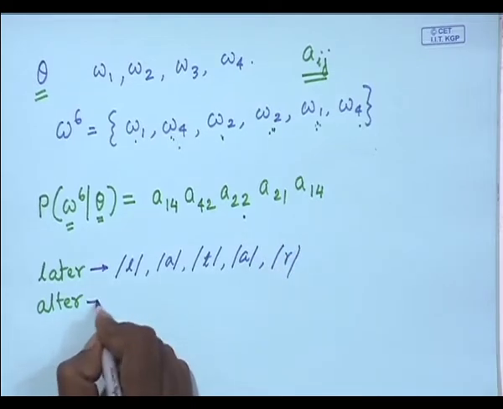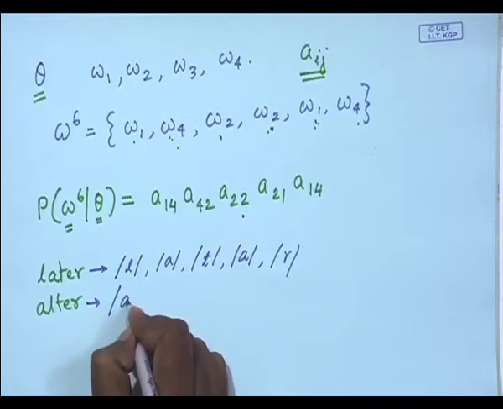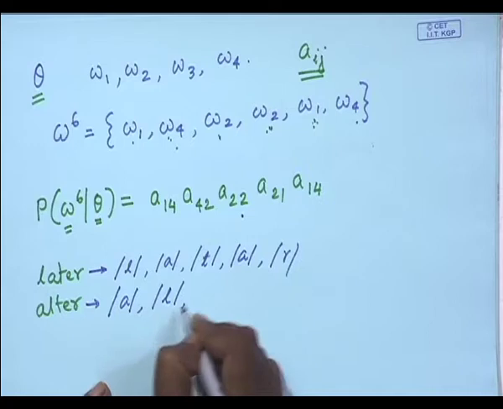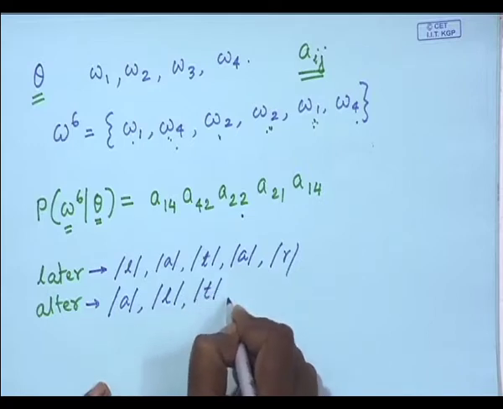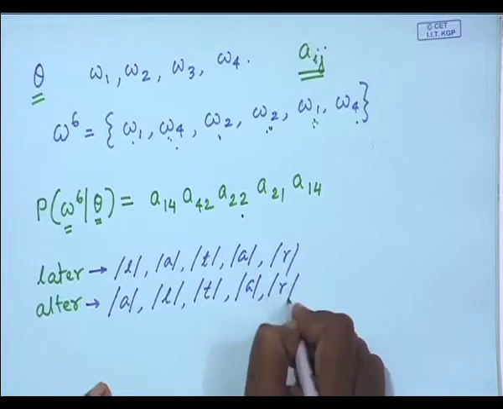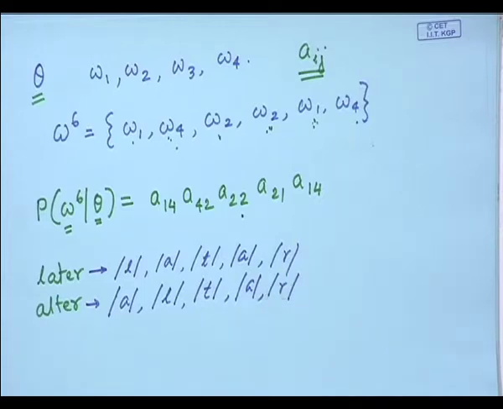Whereas in case of alter, this is la, this is ta, this is a, and this is ra. So, you find that it is the same set of phonemes, but occurring in different order in time sequence, and that is what makes the difference between letter and alter.